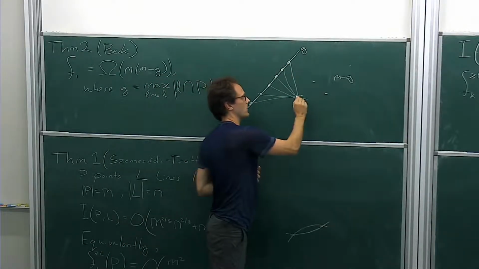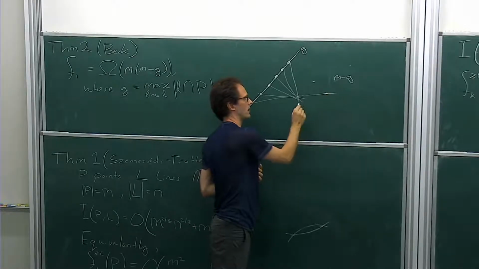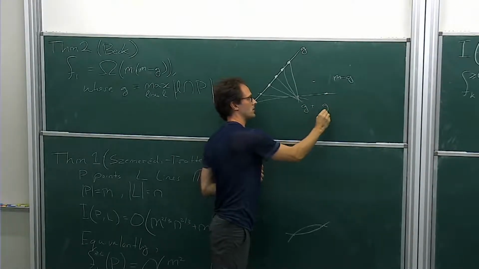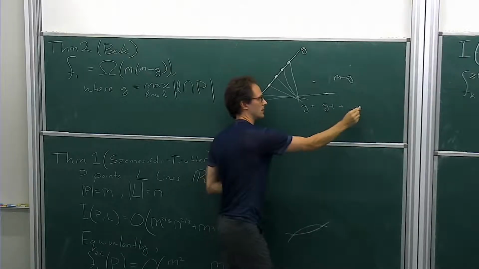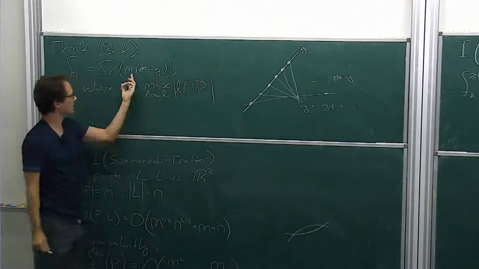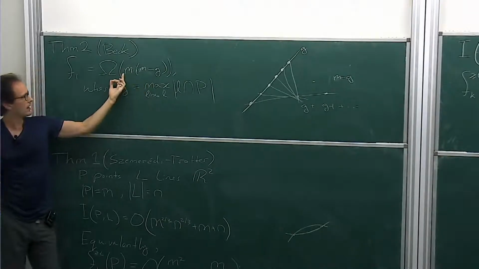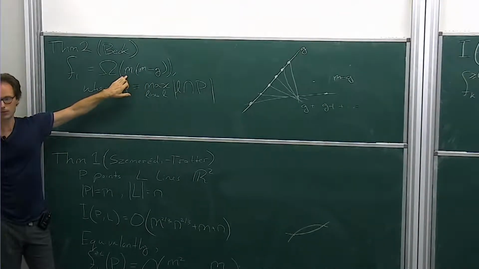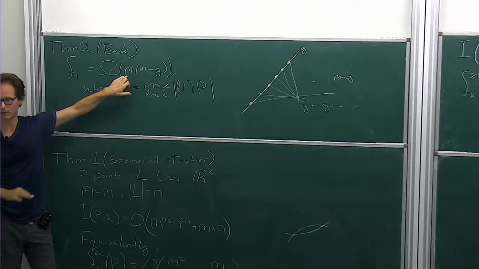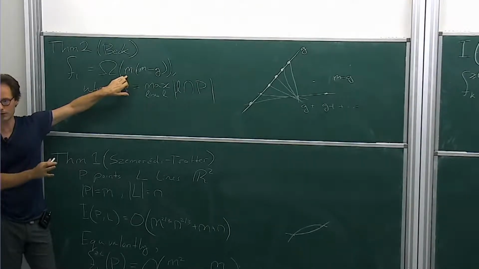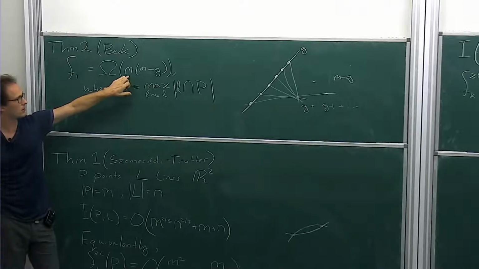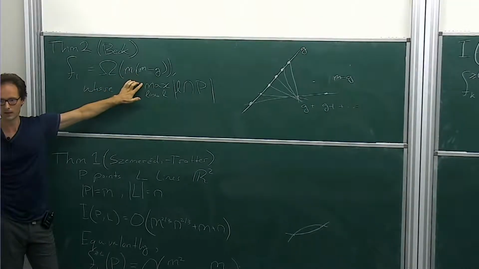And the second one is going to share at most one of these lines. So then you have G plus G minus 1 plus, which is going to give you order G times N minus G. And in the case that G is a substantial fraction of all the points, so most of the points are collinear and you just have a few off, then this very simple argument is going to give you this type of bound.